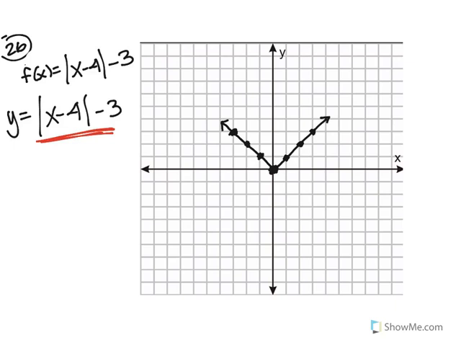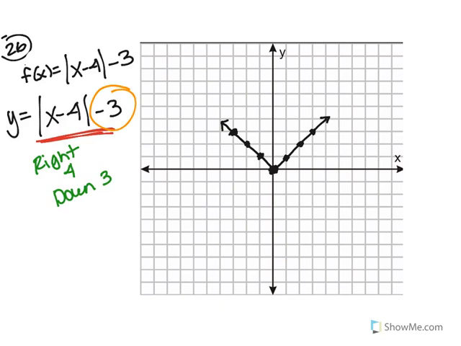You do know that when it's enclosed with x, that's going to be your left or right movement, but you do the opposite. So that means we're going to go to the right 4, and then the number that's on the outside deals with your y movement, and that's just going to be whatever it is. We're going to go down 3.